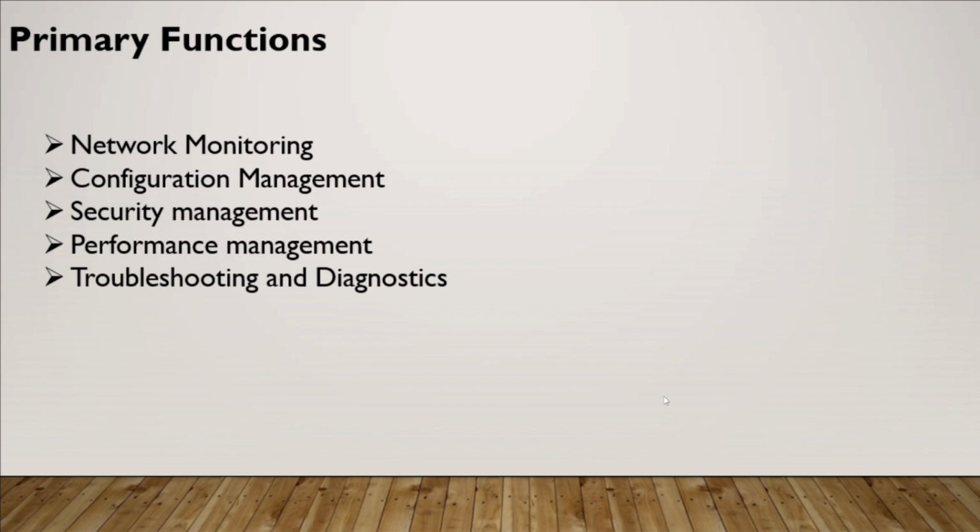Configuration management allows administrators to centrally manage and configure network devices such as routers, switches, firewalls, and access points. This includes tasks like firmware updates, policy enforcement, and network wide configuration changes.